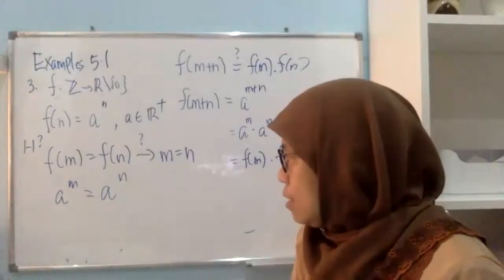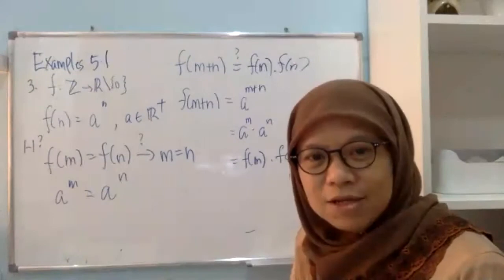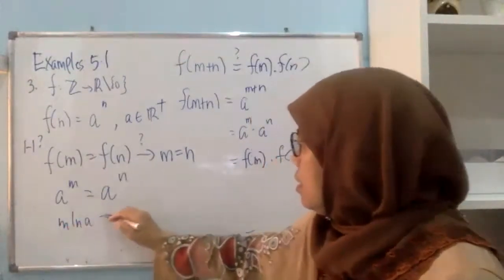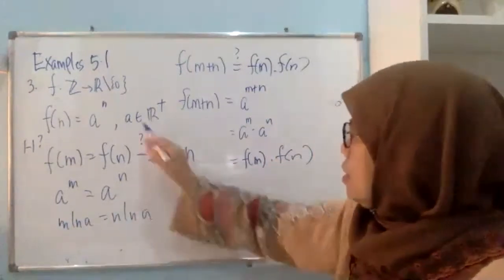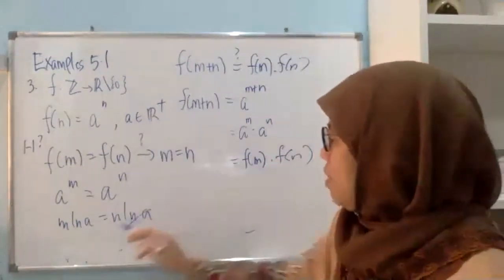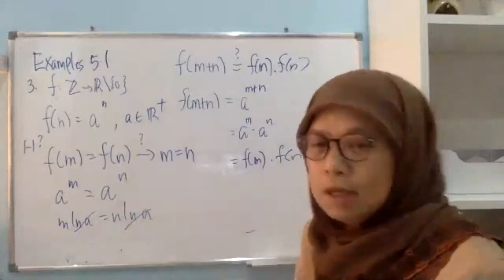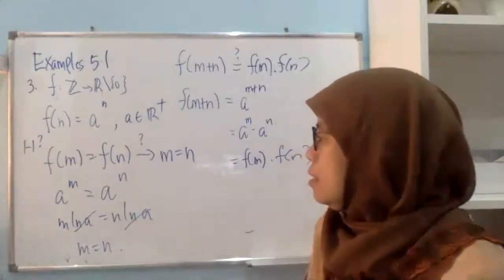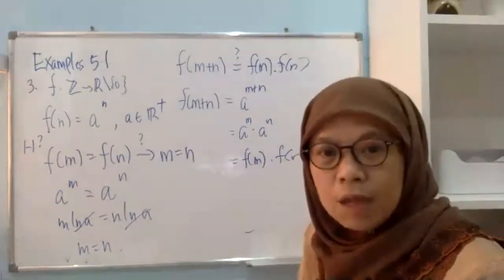You can take the natural log of both sides, right? So m ln a is n ln a. So you can divide because it's positive, right? So you have m is n. So it's one-to-one.